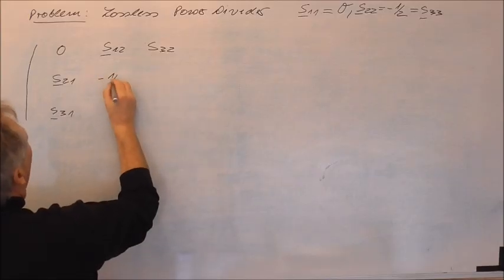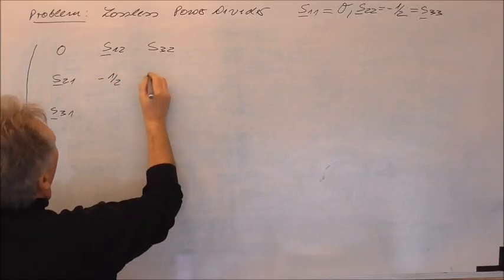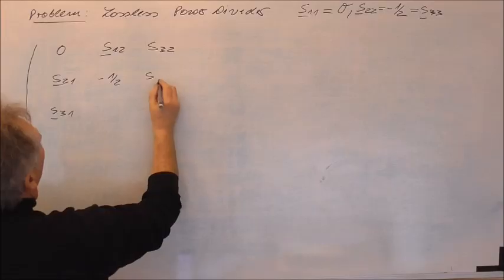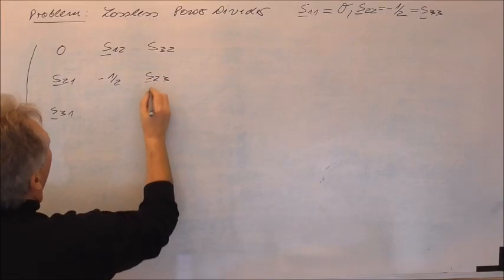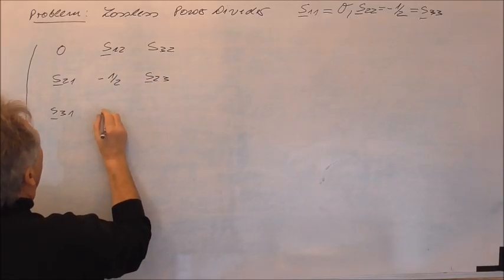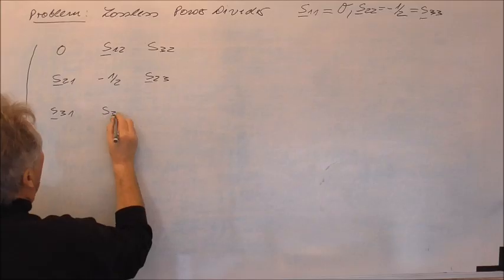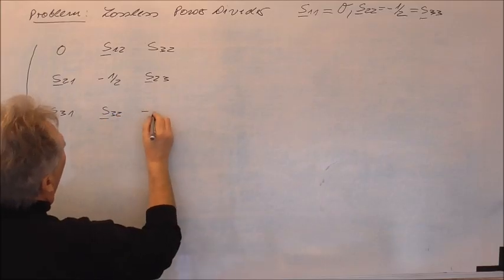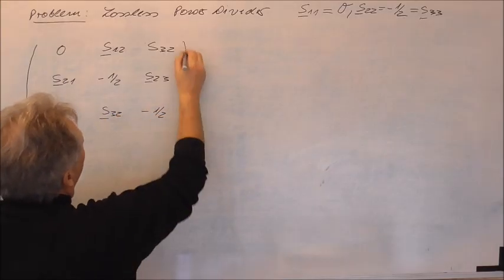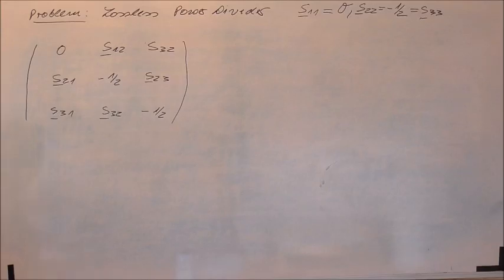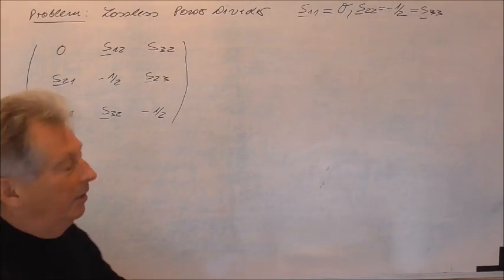Here we have minus 1/2, S23, S32. Here we have also minus 1/2. So this is now our scattering matrix.